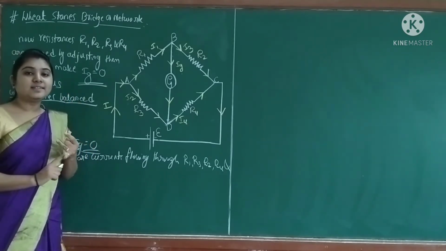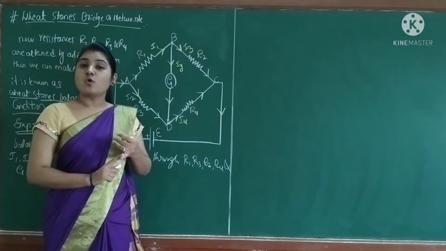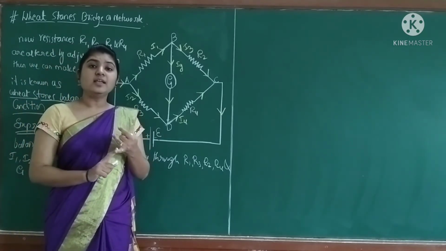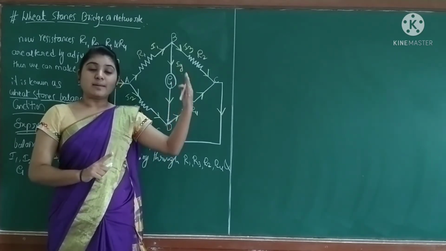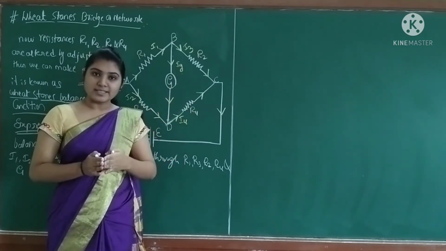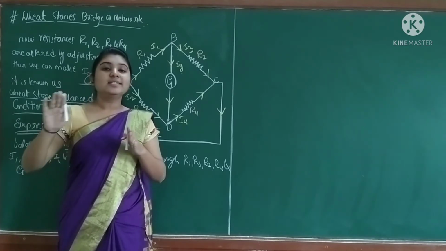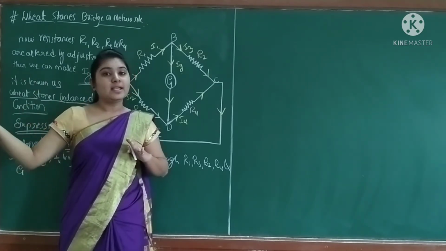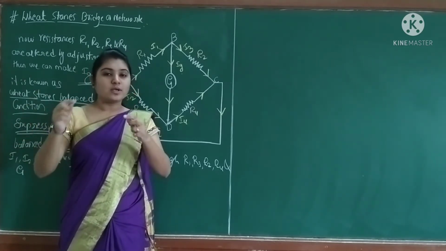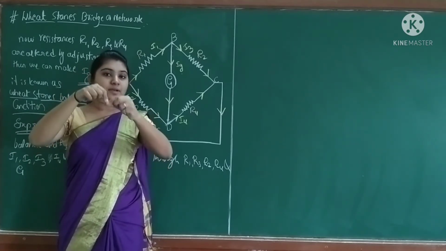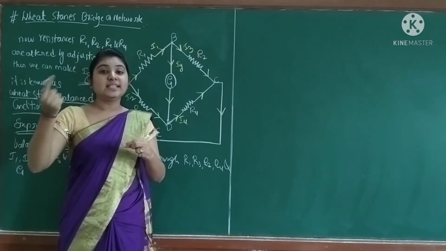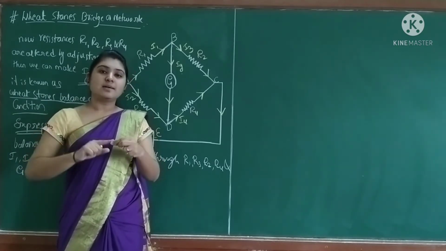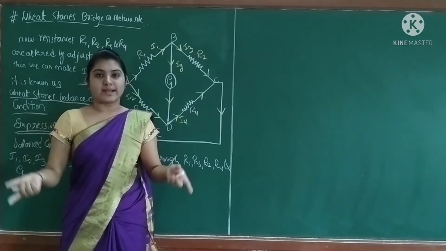In Kirchhoff's current law, what we saw is that the sum of the incoming currents is equal to the sum of the outgoing currents. We considered one particular node, one point, where the sum of the incoming currents is equal to the sum of the outgoing currents.